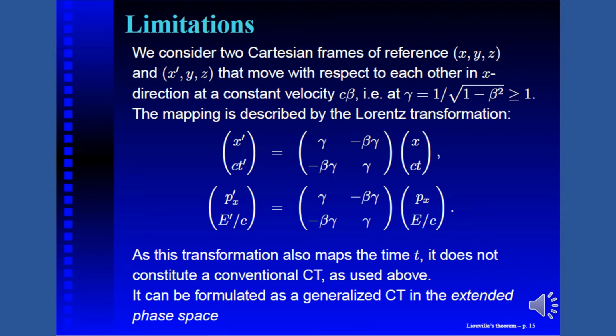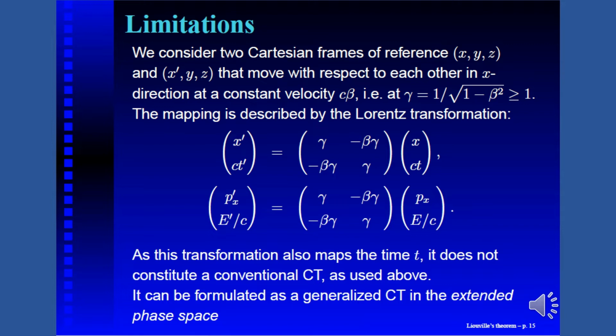There are some limitations. We consider two Cartesian frames of reference, xyz and x'y'z', that move with speed relative to each other in the x direction at constant velocity c beta, such that gamma = 1/sqrt(1 - beta^2) is greater than or equal to 1.